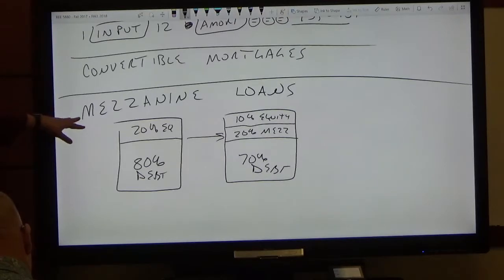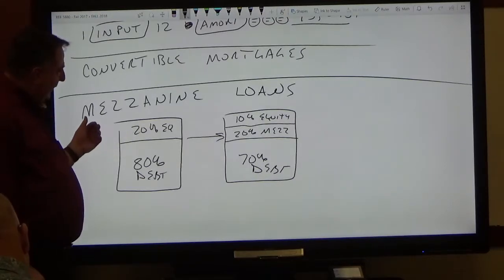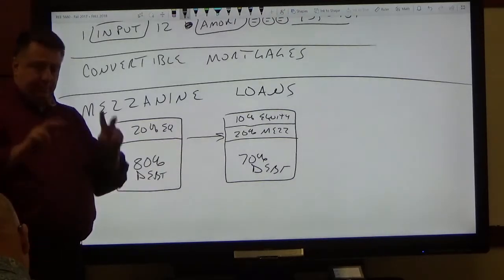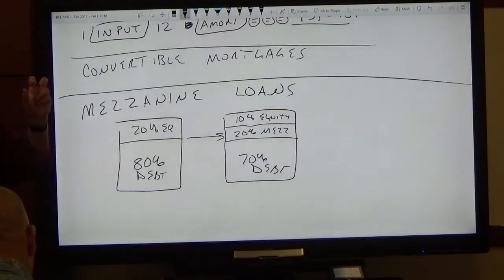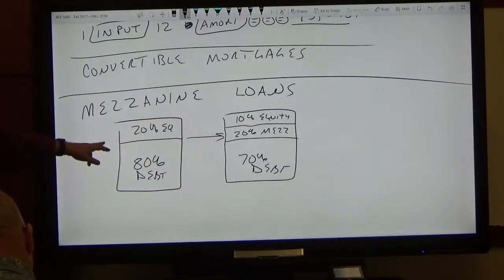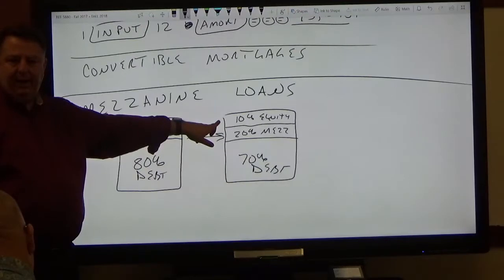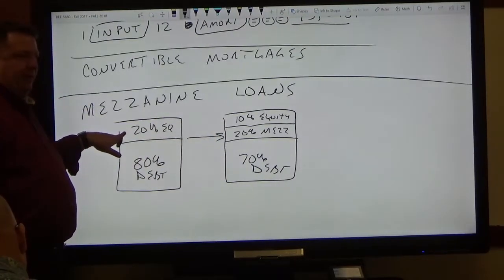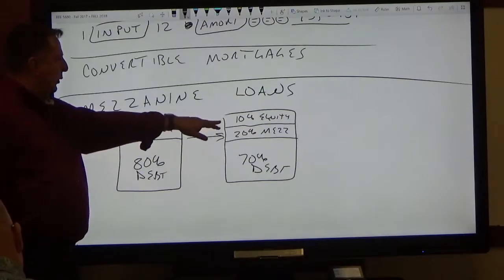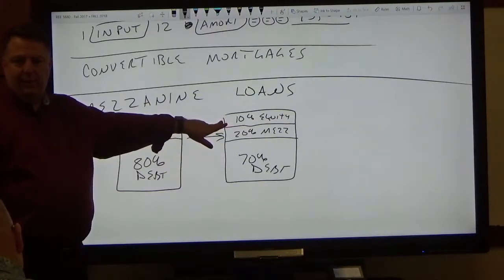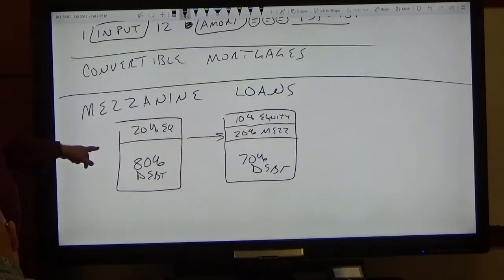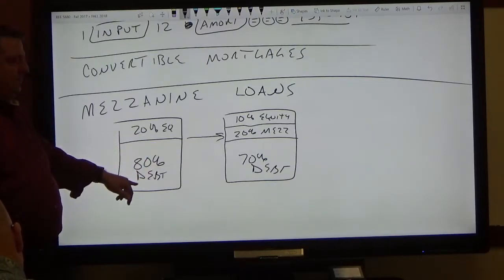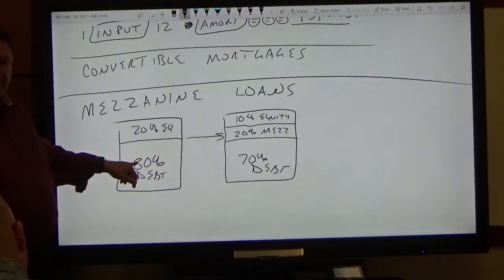Now, all this means is that it may, may being the operative word, allow you to put in less of your own money, okay? Going from 20% of your own money in the deal to only having to put in half of that, and to not borrow as much maybe from the traditional lender.